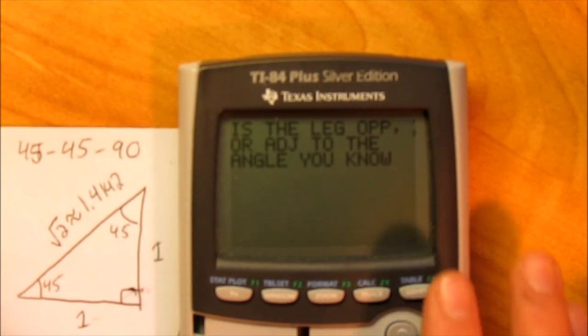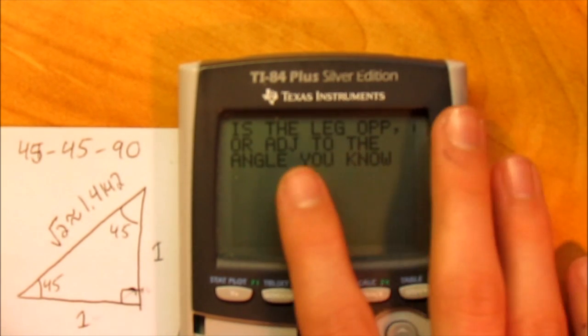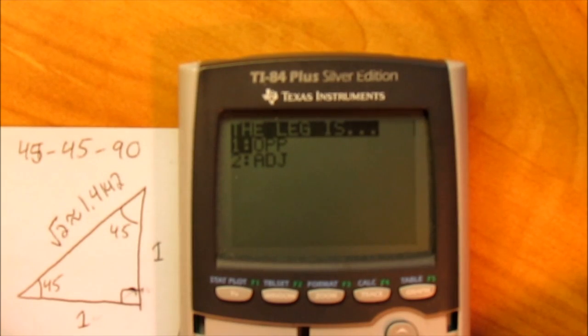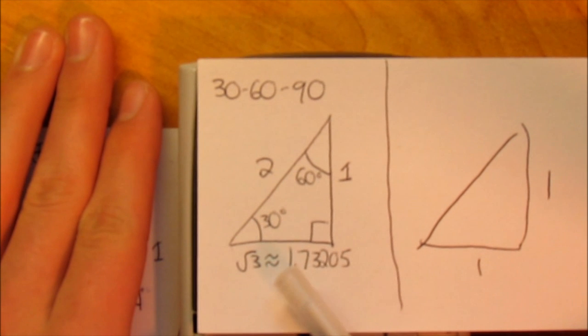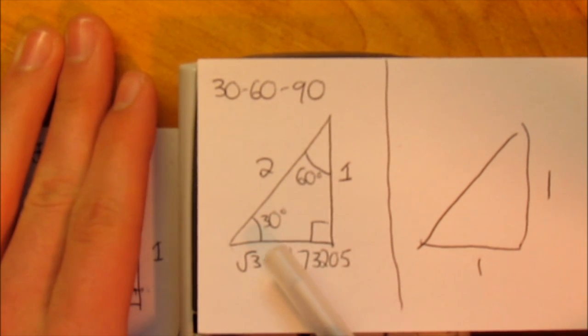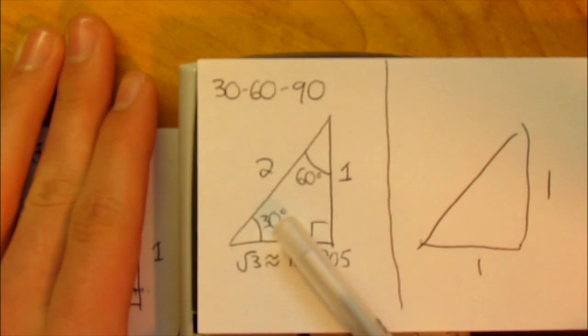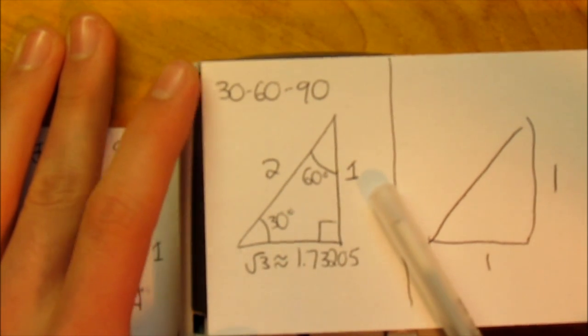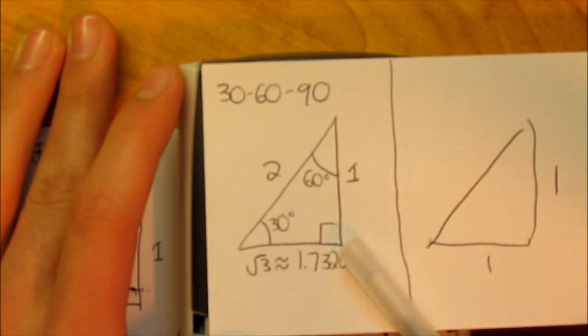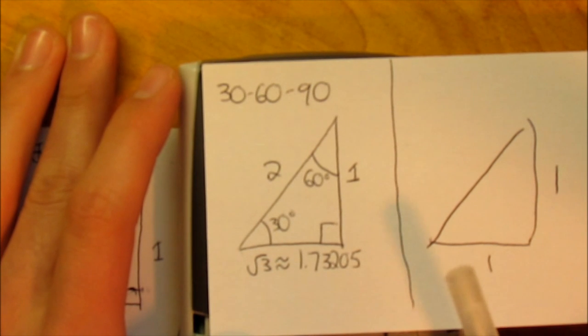Now, this part. They ask, is the leg opposite or adjacent to the angle you know? In this case, the angle we know was 30. It's the angle we put in. And this is the leg that we're using. So this is adjacent to the angle. Now, if this leg that we knew was over here, we'd answer opposite. That's the only tricky part about this program.